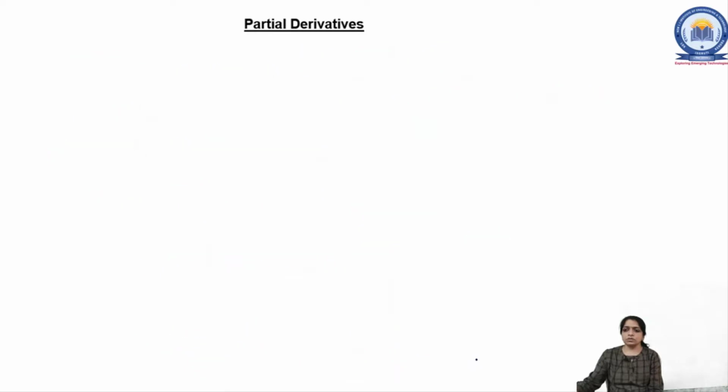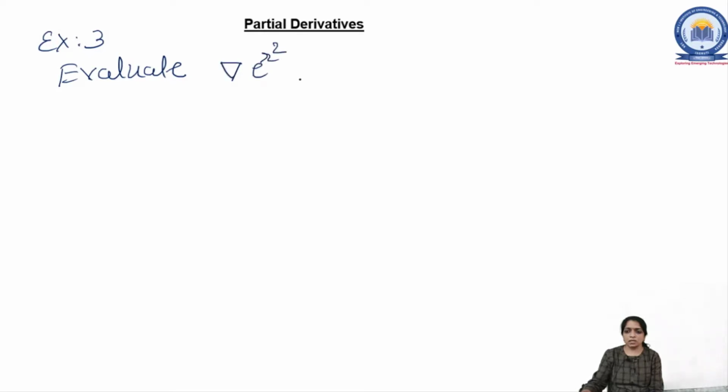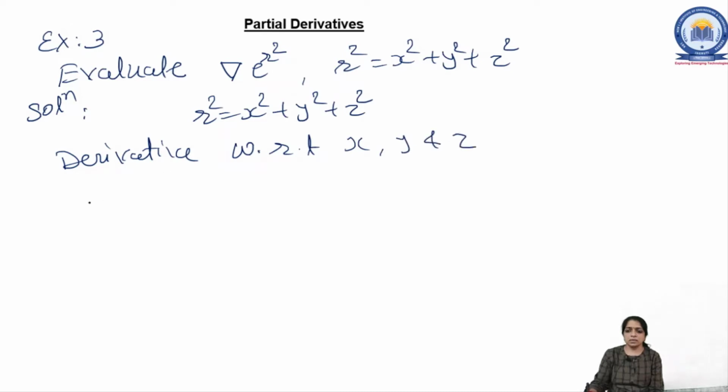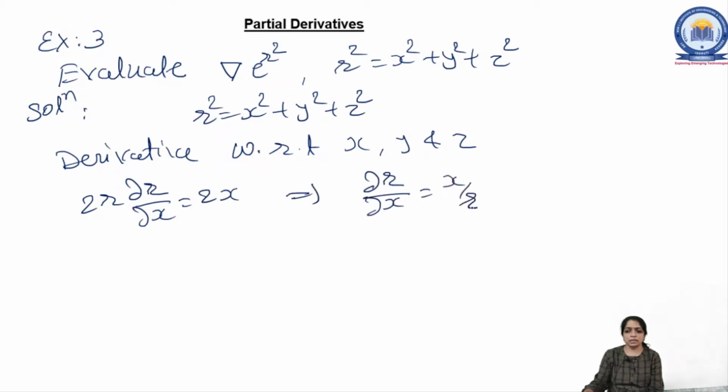Students, let's move on with one more example, that is example 3. Here, evaluate the gradient of e raised to r squared, where r squared is equal to x squared plus y squared plus z squared. So let's start the solution. r squared is equal to x squared plus y squared plus z squared. So differentiating with respect to x, y and z, that is 2r del r by del x, here 2x, which implies del r by del x is equal to x by r.